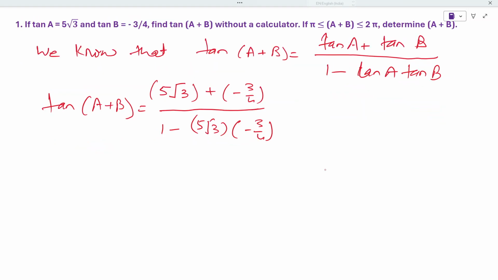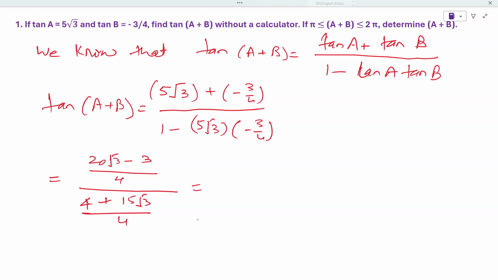Okay, so this is of course (20 root 3 minus 3) upon 4, upon (4 plus 15 root 3) upon 4. So this is equal to (20 root 3 minus 3) upon (4 plus 15 root 3). Now we multiply above and below by the conjugate of the denominator.